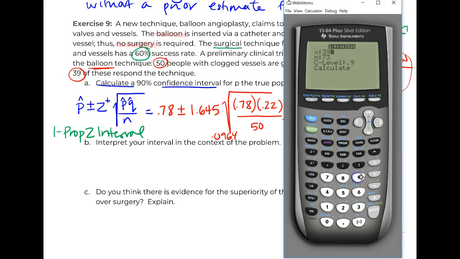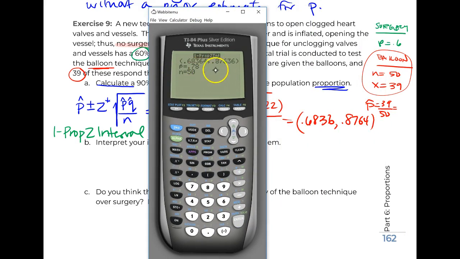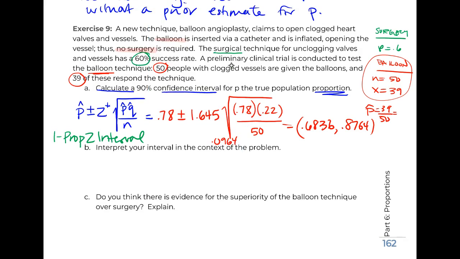We had 39 successes out of 50 trials, and we were doing a 90% confidence interval. So we get the same thing out, 0.6836, 0.8764. So it doesn't change our values, just how we present it. So if you did this using the calculator instead, all I ask is that you then give me the X and the N, and you just show me what you plugged into that calculator shortcut.